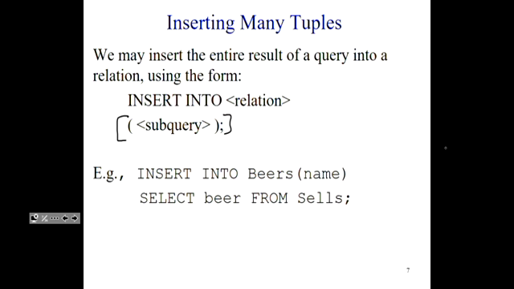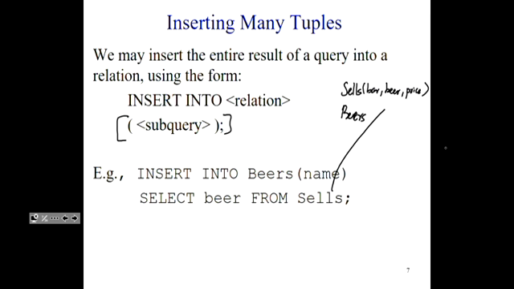So for example, once again, let's say Sells is a relation with bar, beer, and price. I can insert into a new relation called Beers all of the beers that are listed within Sells, right?